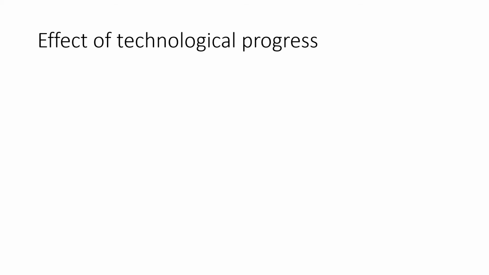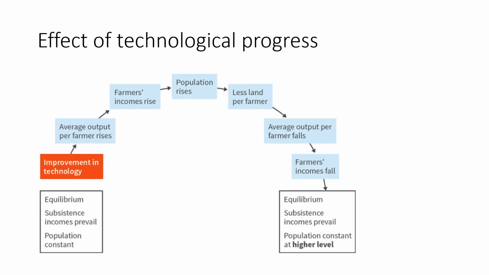Now that we've looked at Thomas Malthus' model graphically, let's illustrate it more in a conceptual model to drive home the intuition. So we have this improvement in technology. This was our movement from B to C in this case. Remember, our average output per farmer rose. This leads to an increase in the farmer's income. However, this rise is only temporary because it's accompanied by a population increase.